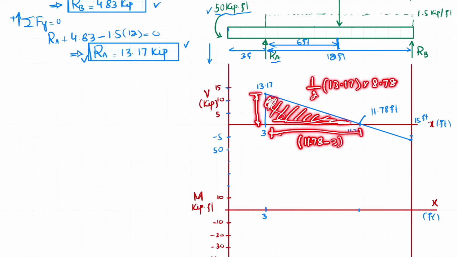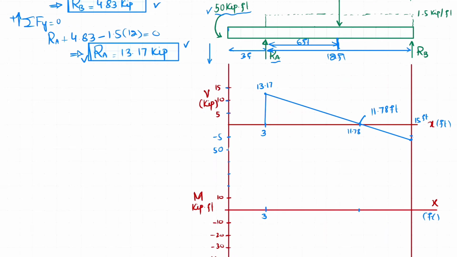When you multiply it, it will be equal to 57.81, and that will be plus because this is positive area. So here we have minus 50 plus 57.58 will give you 7.79. So 7.79 will be somewhere here.